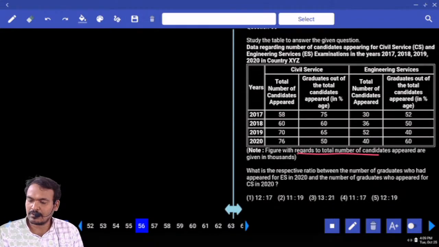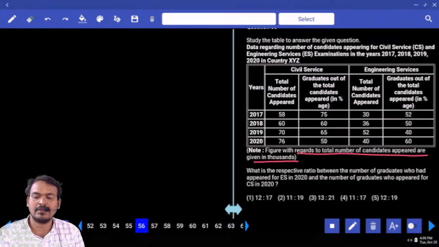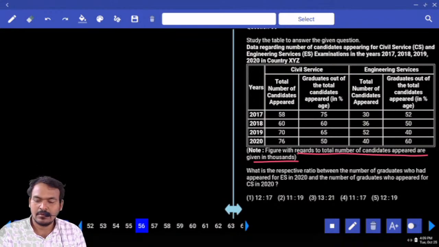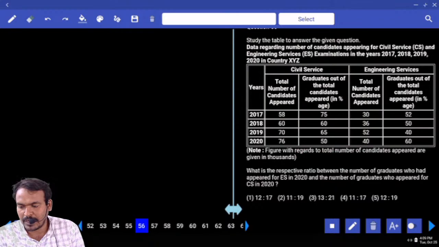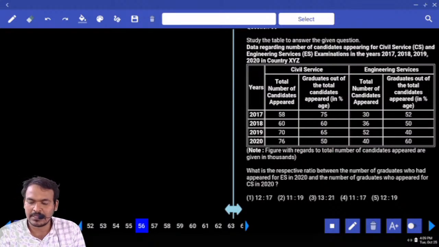Figures with regards to total number of candidates appeared are given in thousands or hundreds? Thousands. What is the respective ratio of the number of graduates who appeared for ES in 2020 and the number of graduates who appeared for CS in 2020?